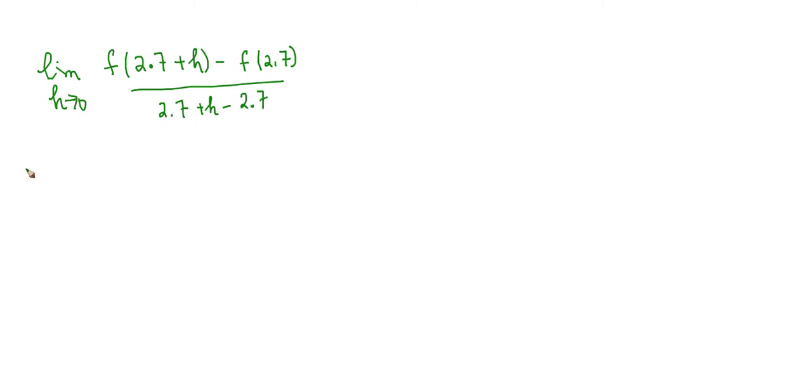Okay, well, the first thing that I'm going to do is just simplify the denominator. So we know that 2.7 plus h minus 2.7, that's just going to be h. And then remember, I'll write on the side here, f of t is 1/4 t to the second power. This is just the information that was given to us.